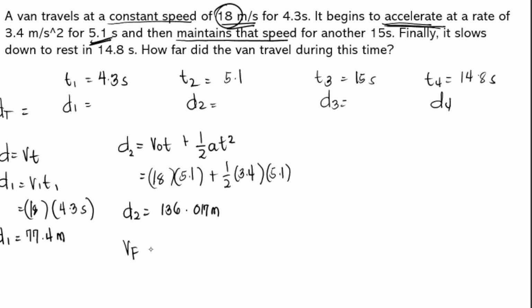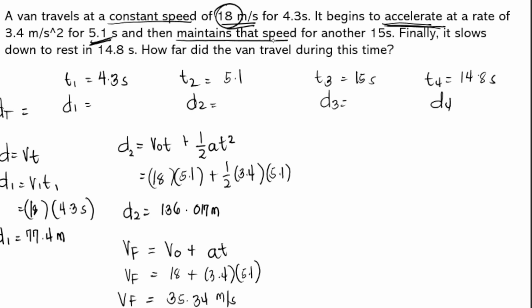So we could use this equation Vf is equals to V naught plus at. So, final velocity with initial velocity of 18 and acceleration of 3.4 after 5.1 seconds. So Vf is equals to 35.34 meters per second.